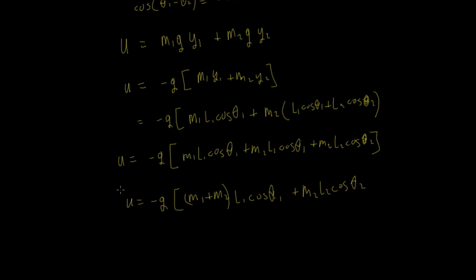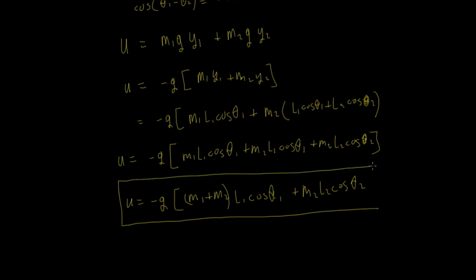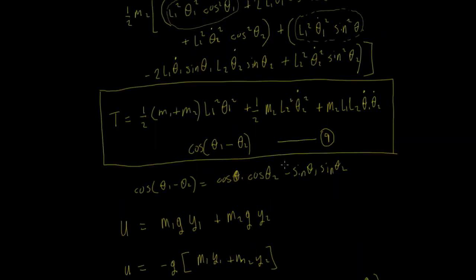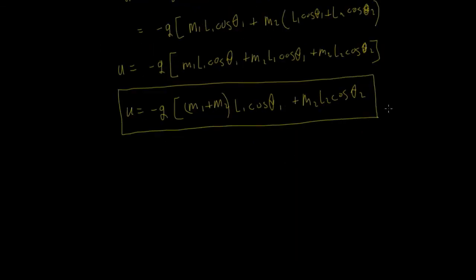Okay, so that there is the equation for the potential energy of a double pendulum. We can call that one, that was number 9, we'll call that number 10.